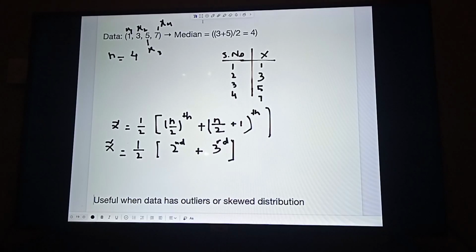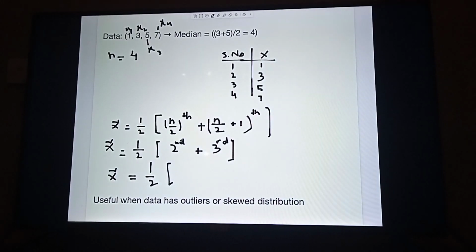So I am here identifying the values. Now the sample median is equal to the average of, just write the second value, which is 3, and the third value, which you identify from the serial number or from the x observations.